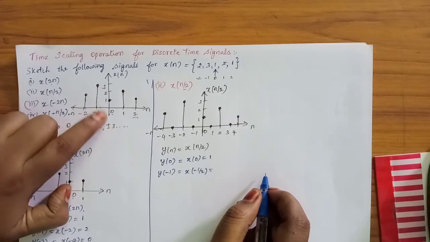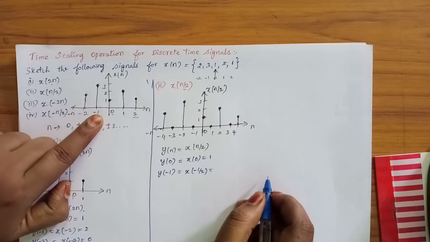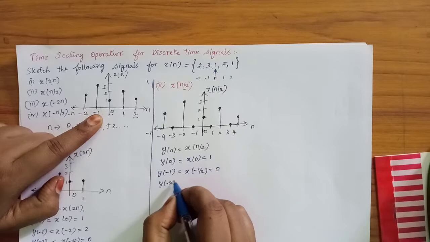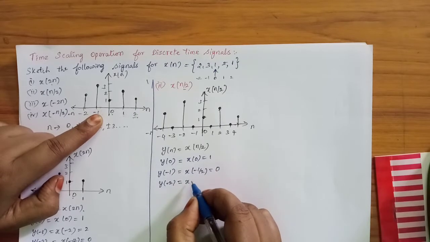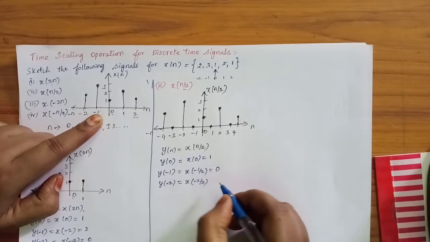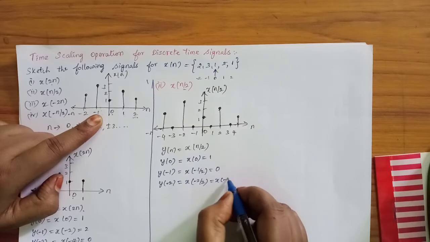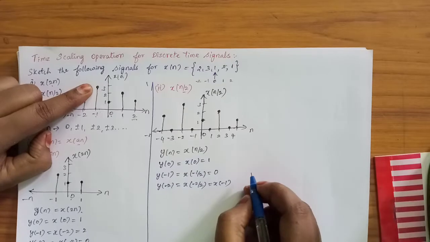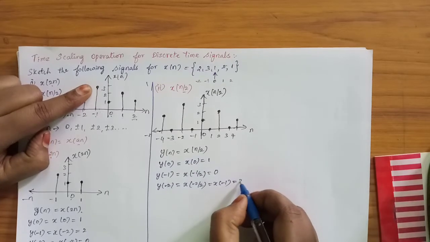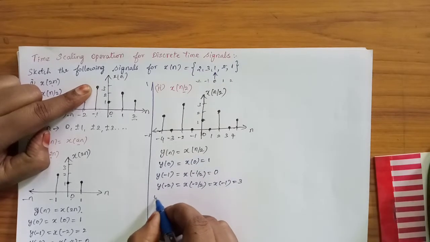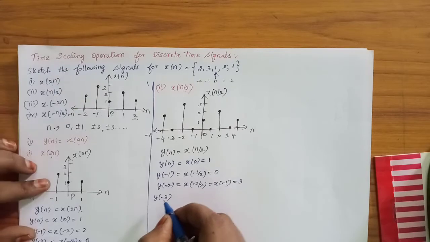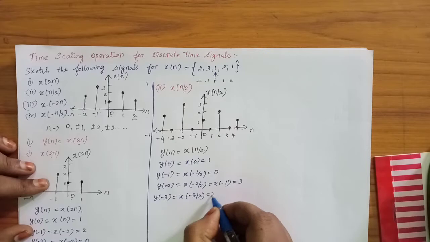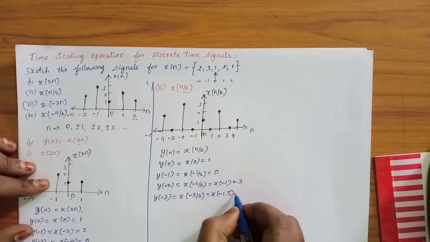No signal is present at x of minus 0.5, so its value is 0. And y of minus 2 equal to x of minus 2 by 2, that is x of minus 1. At x of minus 1 the value is 3. And next y of minus 3 equal to x of minus 3 by 2, that is x of minus 1.5.